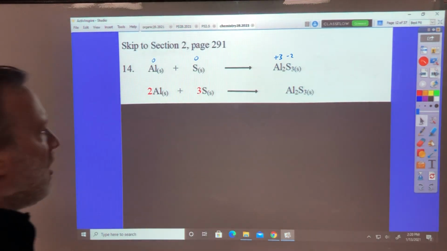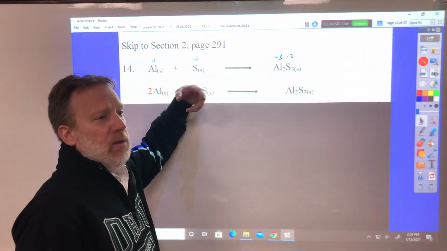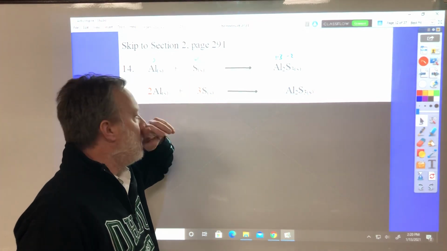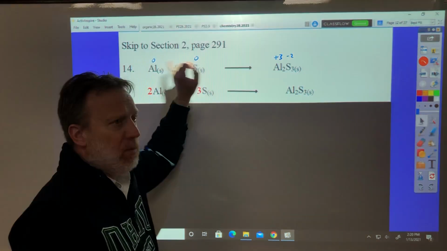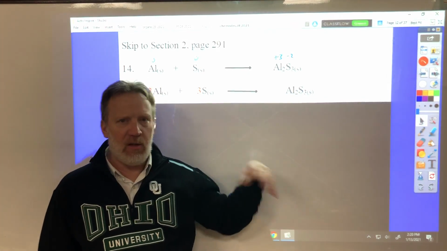Now, what I was saying about combustion. Sulfur is right below oxygen. Same family. If this was with oxygen, we would call it a combustion, as long as it was done at a high enough temperature that it went fast enough to give off heat and light.